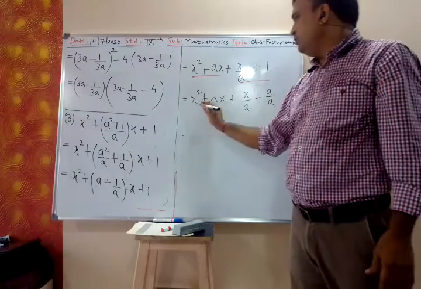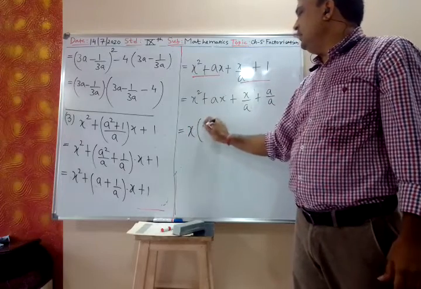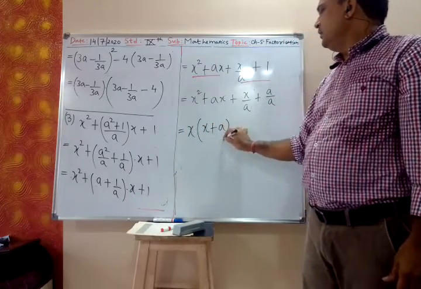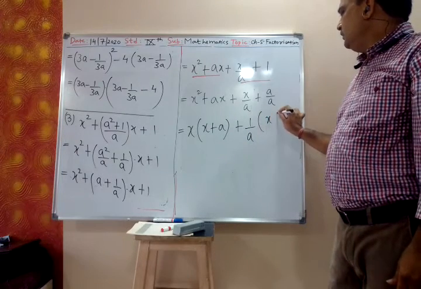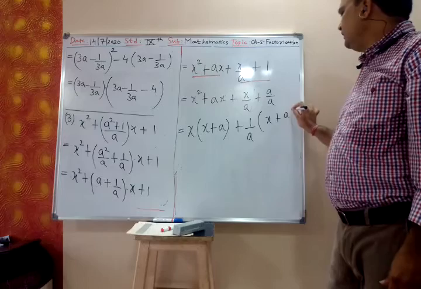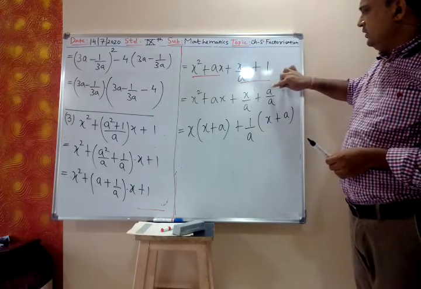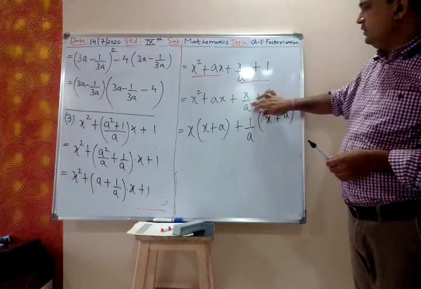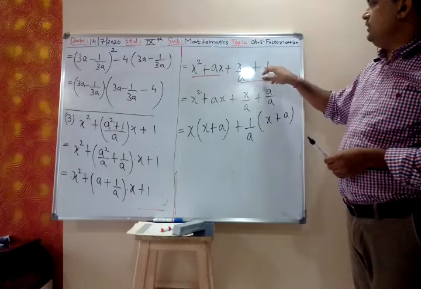Now first 2 I will take x common, then what is left? x common, then x plus a plus 1 upon a common, x plus a. Because 1 I have to write as a upon a; the denominator of x is a, the denominator of 1 is 1.